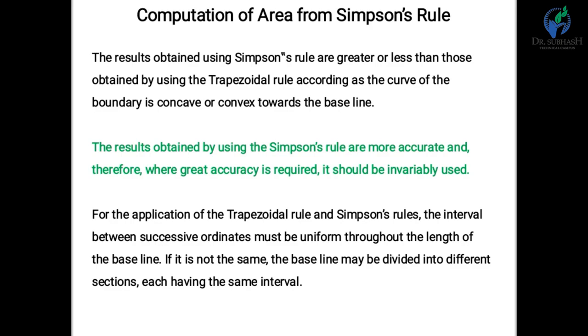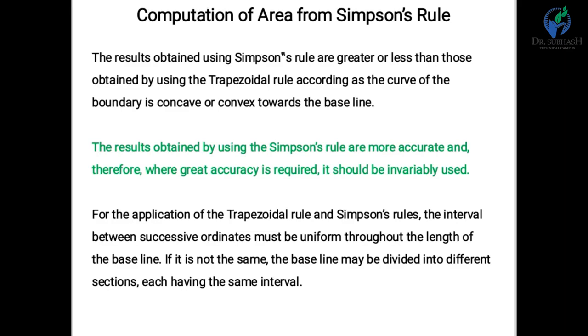The result obtained using the Simpson rule is greater or less than that obtained using the trapezoidal rule, according to whether the curve of the boundary is concave or convex towards the baseline. But the result obtained using the Simpson rule is more accurate, and therefore where greater accuracy is required, it should invariably be used.